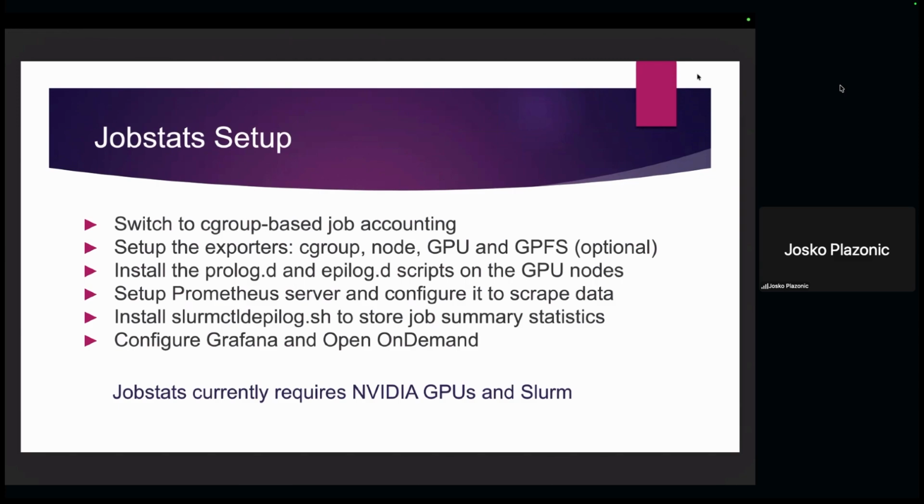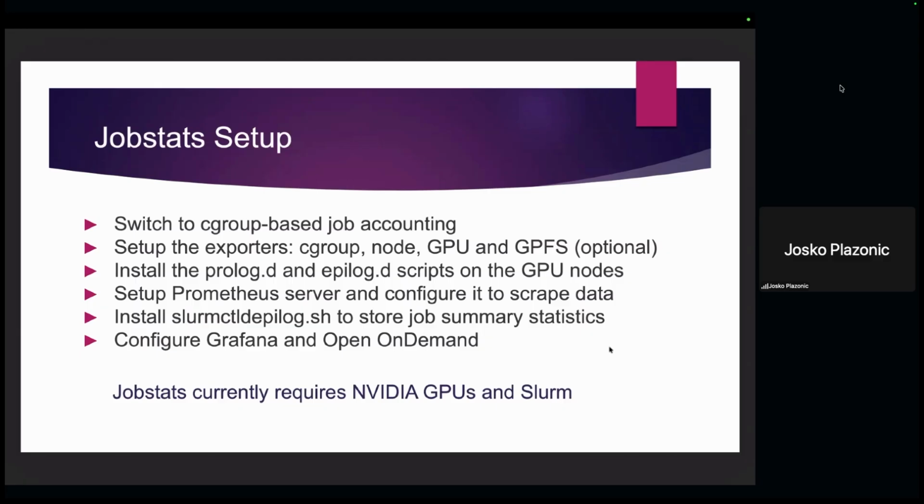GPU exporter, that's the NVIDIA GPU exporter that we also have on my GitHub site. And GPFS is optional, but we like having GPFS stats so that we can tell if a job is using it efficiently, or if they're using too many small IOPS, too many small IO requests instead of large ones.